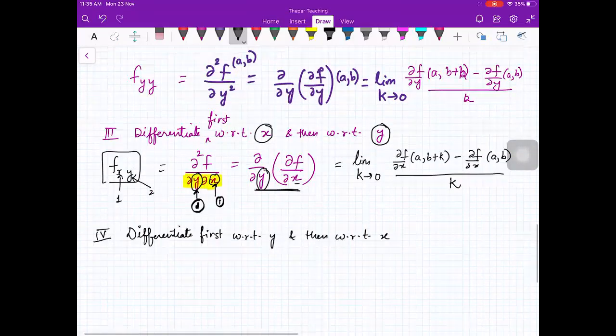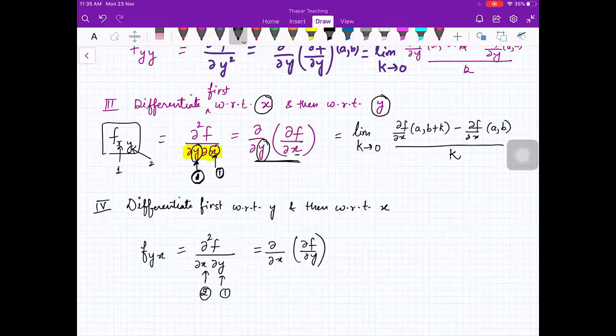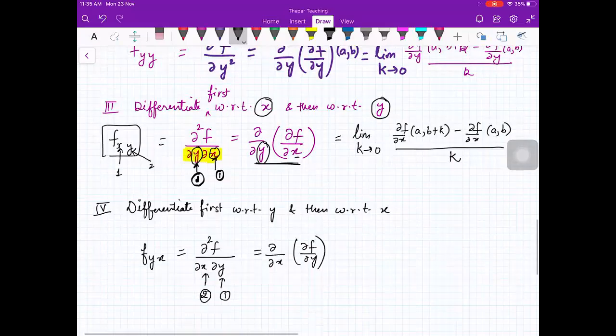This will be written as curly 2f, curly x, curly y. It means that you are differentiating first with respect to y and then with respect to x. So we write it as fyx.